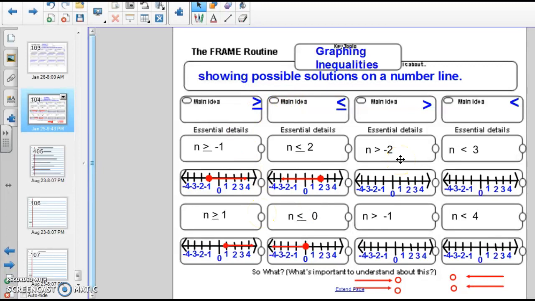Okay, you'll notice your last 2 columns deal with just a greater than symbol and a less than symbol. So let's look at our first example in this column. The inequality that we're given says n is greater than -2. So just like we did with these, we're going to go to this number on the number line, and that is -2.